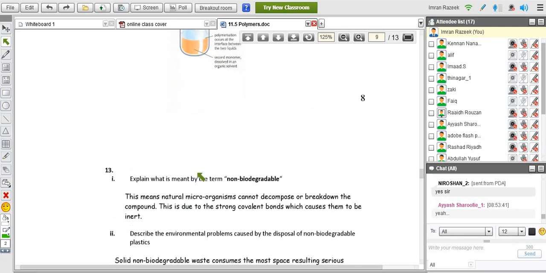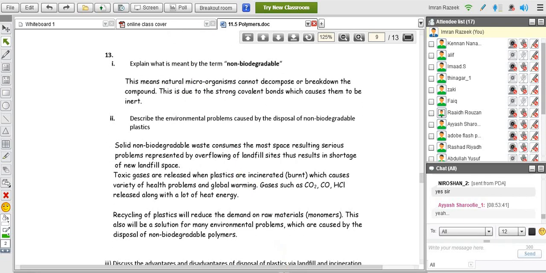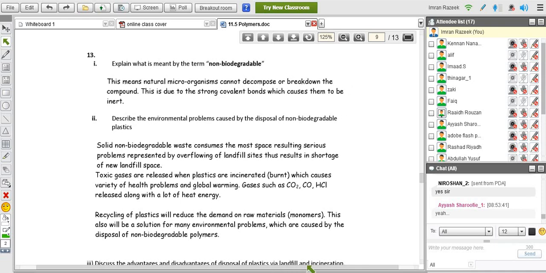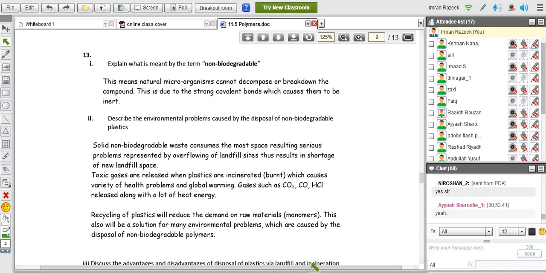So that's a laboratory synthesis, and all these polymers which we discussed so far are synthetic polymers, meaning man-made polymers. They are not natural polymers, so therefore they are non-biodegradable. Non-biodegradable means natural microorganisms cannot break them down.